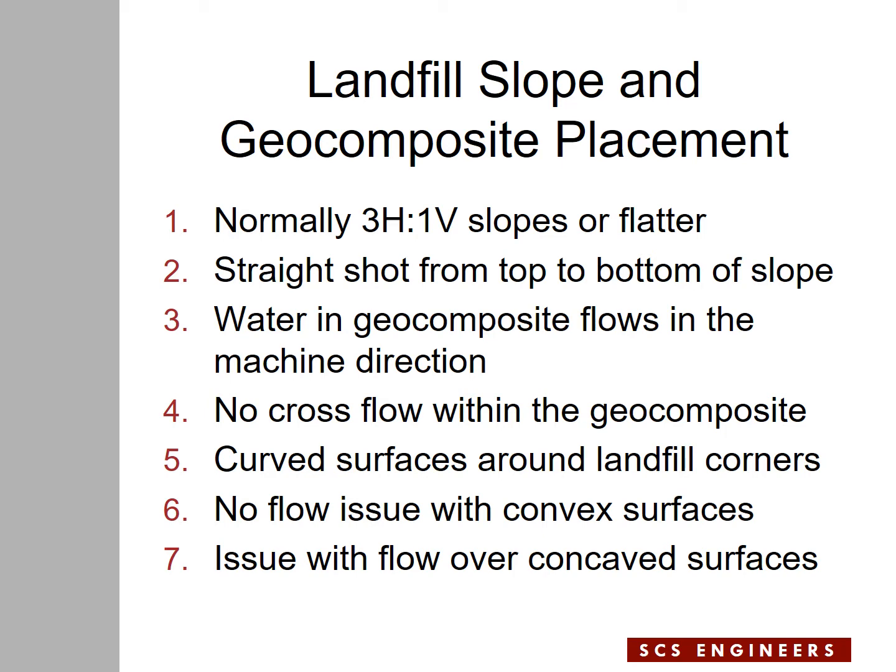and you deploy a geocomposite, which is the drainage layer above the geomembrane, water that reaches the geocomposite drains straight down from the top of the slope to the bottom of the slope within the panel width of the geocomposite.